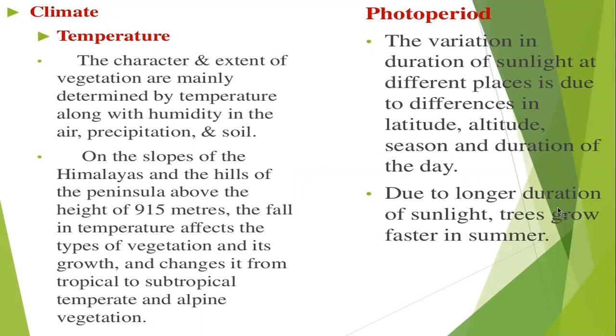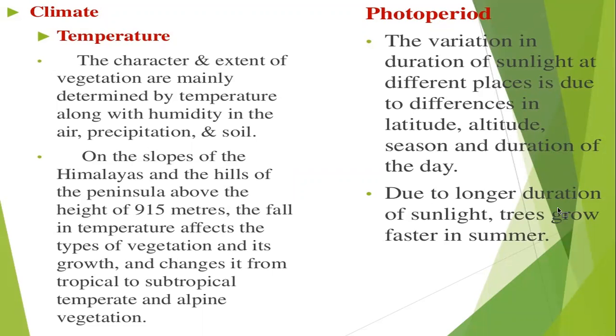Talking about the climate, the character and extent of vegetation are mainly determined by the temperature, along with the humidity in the air, precipitation and soil.